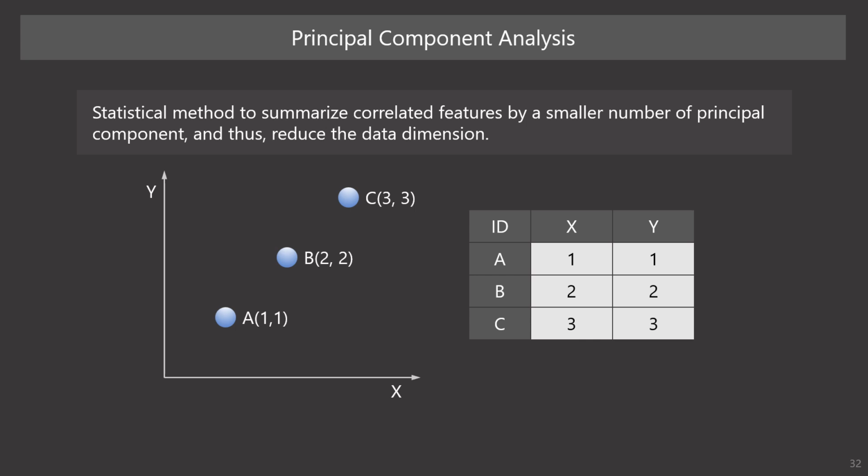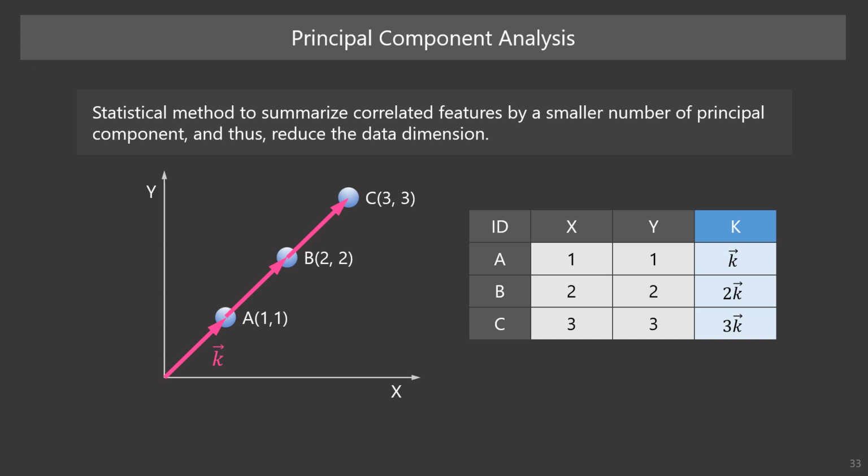Let's see a simplified example. Suppose we have these three data points. They have two features, x and y. So, these data points can be expressed by a horizontal axis, x, and a vertical axis, y. The data has two dimensions.